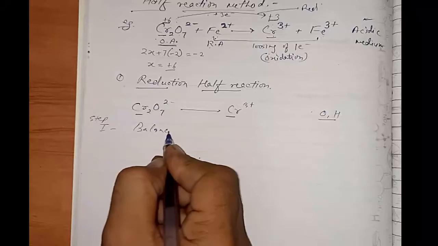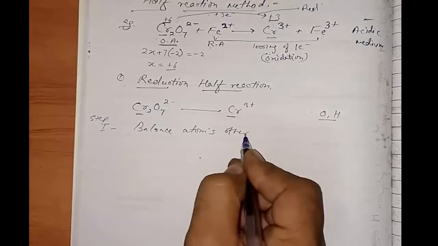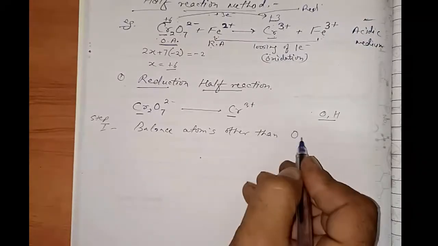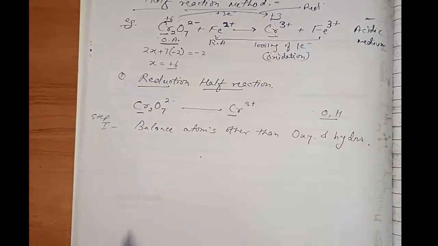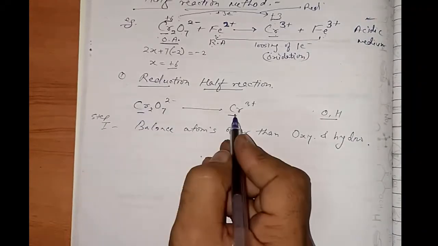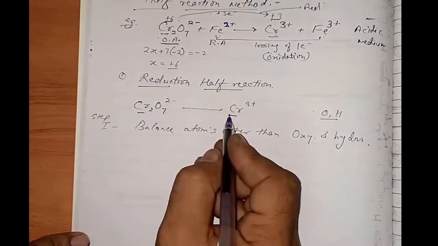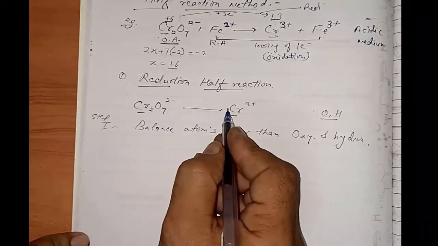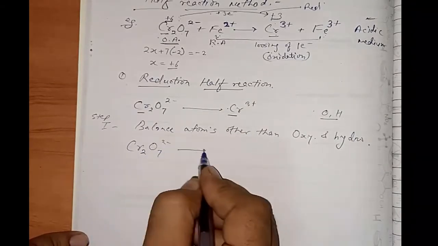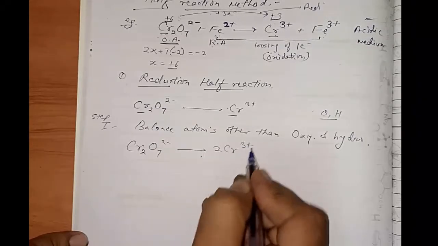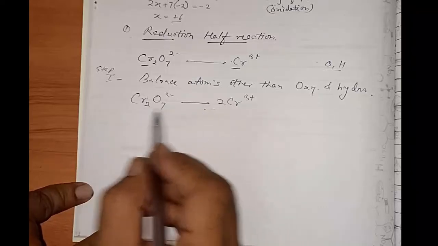Here there are 2 chromium, here only 1 chromium. So in order to balance the chromium, we write 2 here. This equation will be Cr2O7 2- gives 2Cr3+. Now as you can see, chromium is balanced.